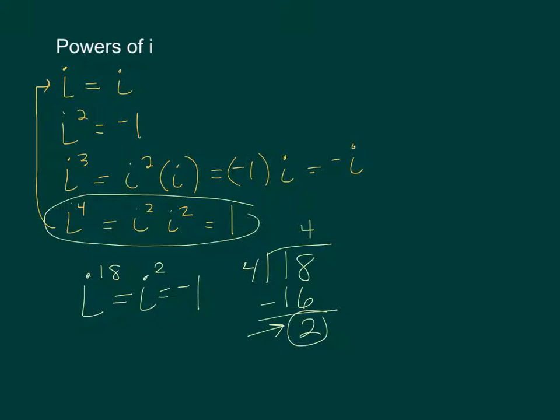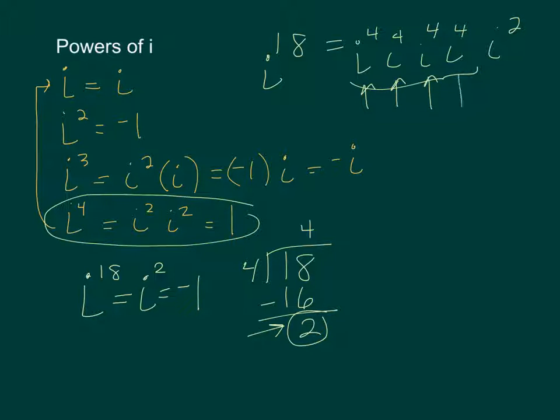So essentially what I've done there is I've written i to the 18th as i to the 4th, i to the 4th, i to the 4th, i to the 4th. That's 16 of them, and 2 more. So remember, here this is 1 times 1 times 1 times 1, so those really are of no consequence to me. The result is this remainder i squared, which is -1.